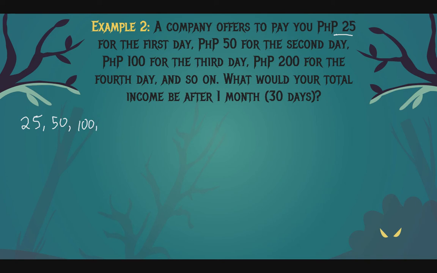and so on. So, dito, hindi binigay kung ano yung ating R, pero pwede nating makuha by dividing our second term by first term. Ganun din po dito, 100 divided by 50 and 200 divided by 100. Lahat yan, pare-parehong 2 ang sagot. At yung 2 na yan po ang ating common ratio.